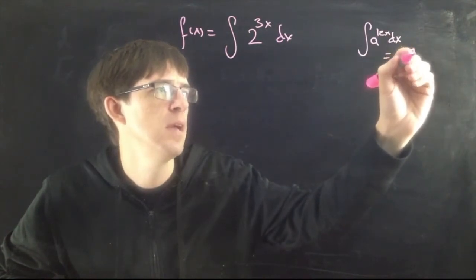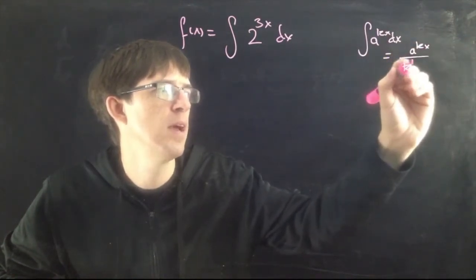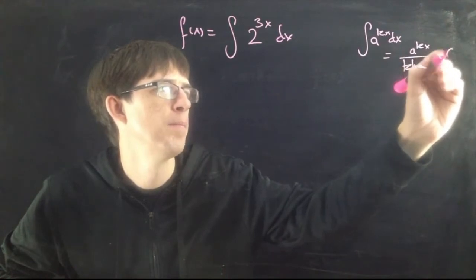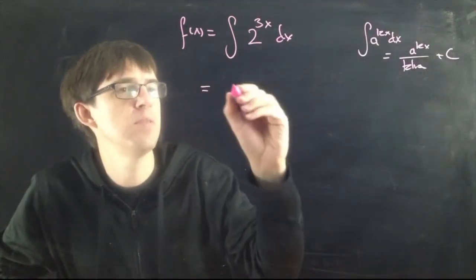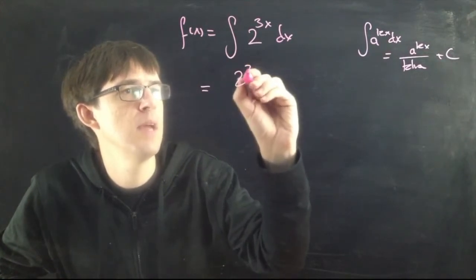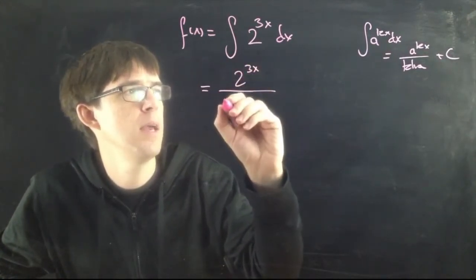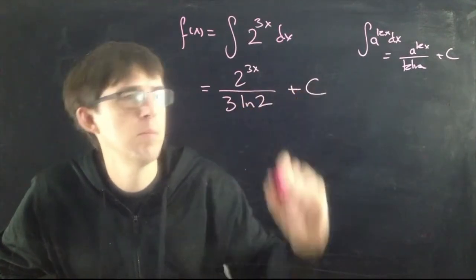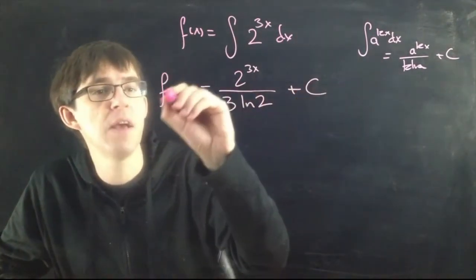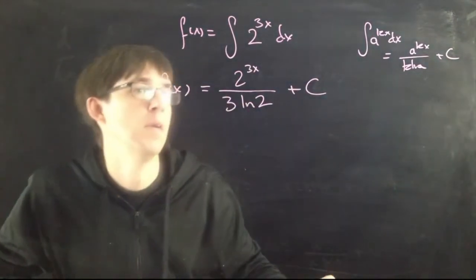It is a to the kx over k ln a plus c, right? So I'm going to use that rule here. The a is 2, the k is 3. I get 2 to the 3x over 3 ln 2, plus c. All right? This is f of x. Okay, great.